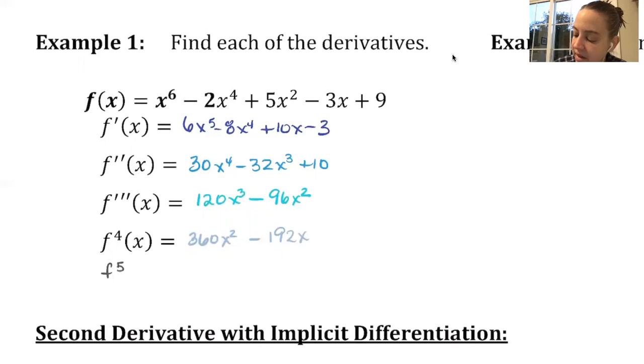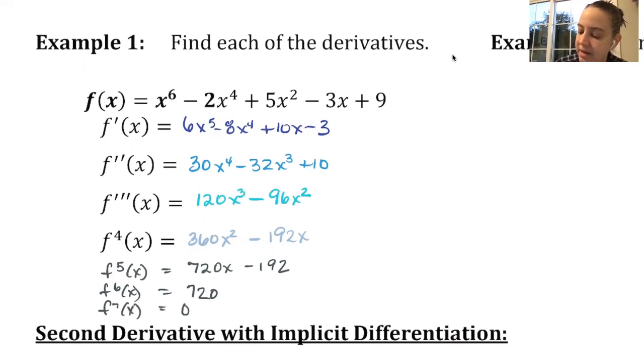So f to the 5th of x would be 720x minus 192. The sixth derivative would be 720. The seventh derivative would be 0. The eighth derivative would be 0. You'll keep going and going and going.